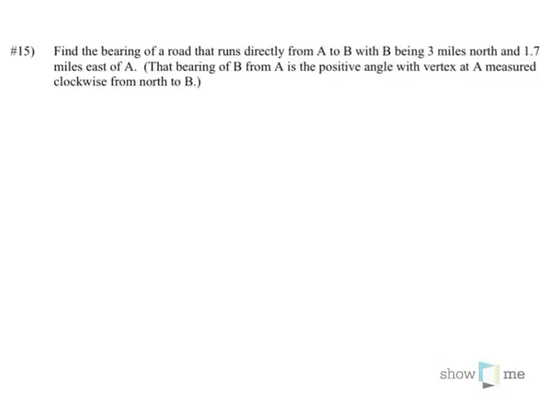15. Find the bearing of a road that runs directly from A to B, with B being 3 miles north and 1.7 miles east of A. So here we have A. If we go north, let's assume north is in this direction.